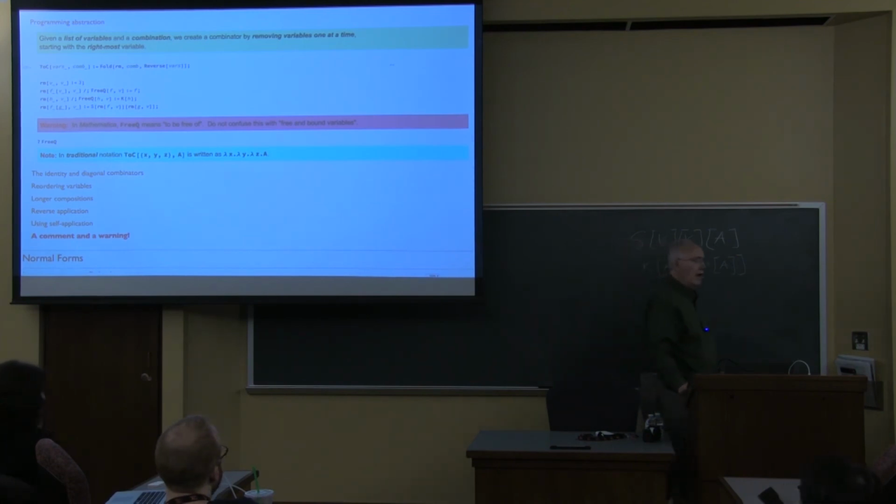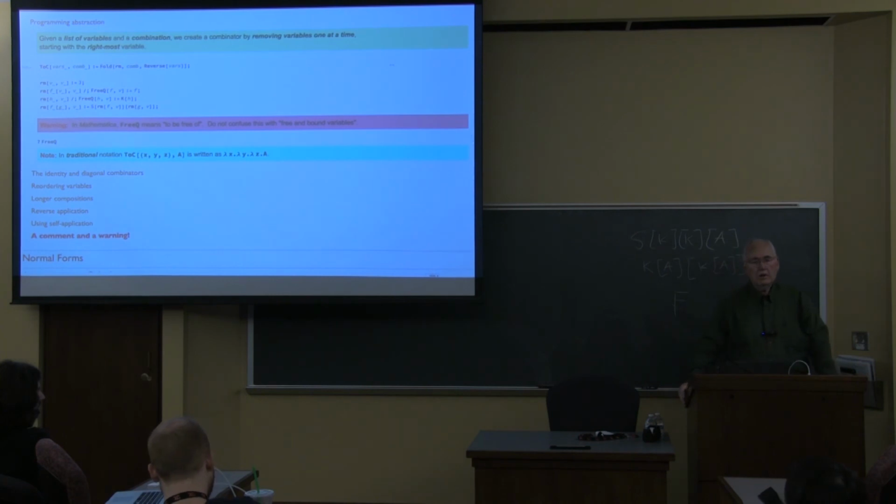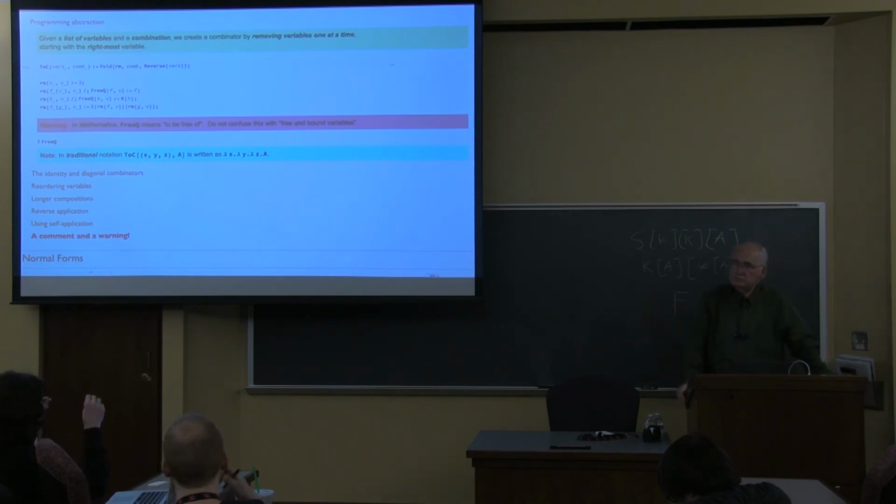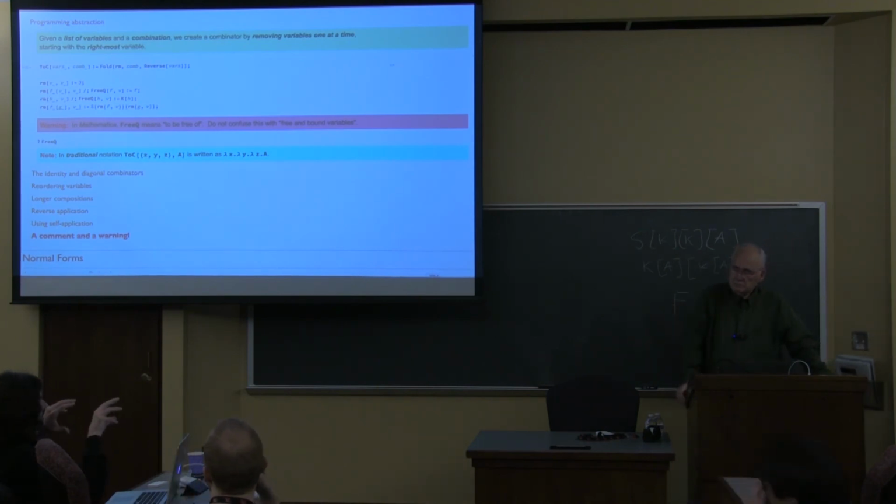So that's called the eta rule, and I'll talk about it later in terms of the model. So it's just a tidiness there. It's stupid to have an extra v there if it doesn't occur in this. Question? Please. So we're saying that the variable doesn't affect the output of f, and so that's why we can remove it? Yeah. Okay. So we're removing variables that don't affect the output of the functions.